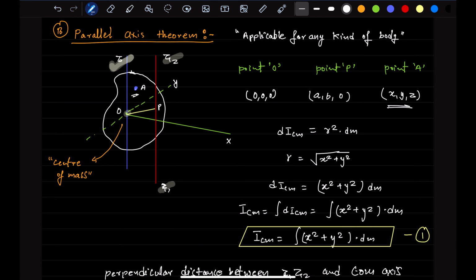So this distance will be there. If you can watch it, the green line, right? This is the distance.